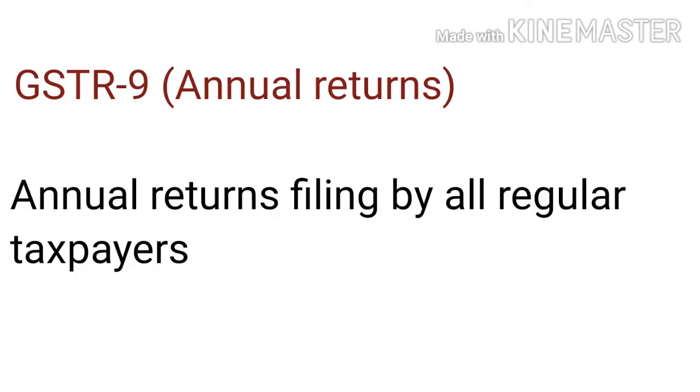GSTR 9 is the annual return applicable for normal registered taxpayers under GST. The return needs to be furnished on or before the 31st day of December following the end of such financial year. Remember, this is an annual return.